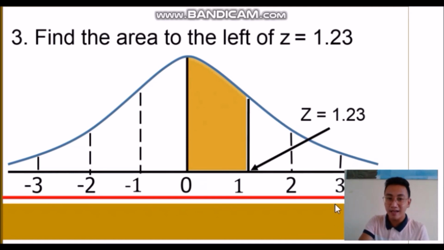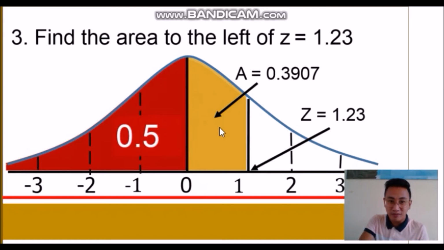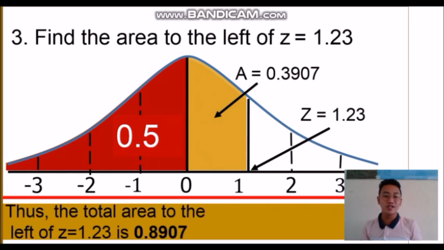The area is 0.3907. And we all know that from 0, which is the mean, to the left side of the curve is equivalent to 50% or 0.5. Now, to the left, we are going to add 0.5 plus 0.3907.